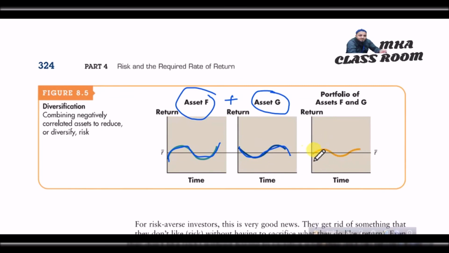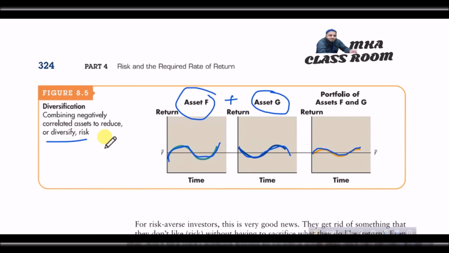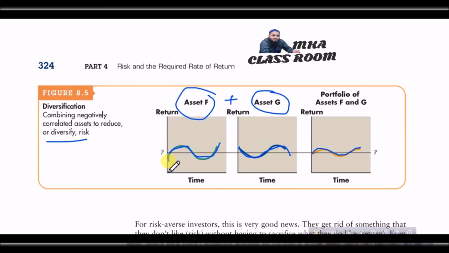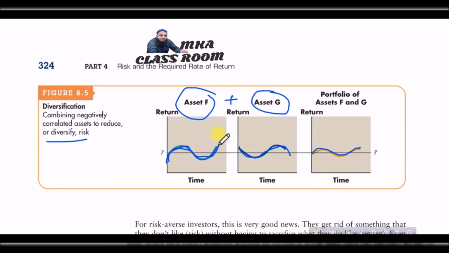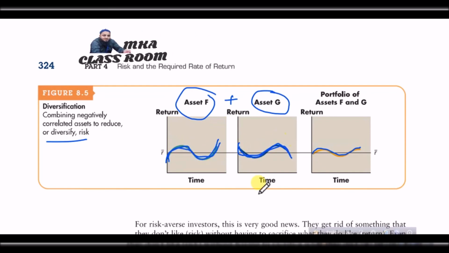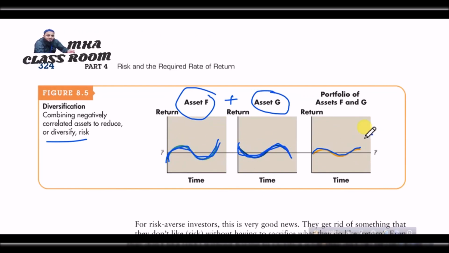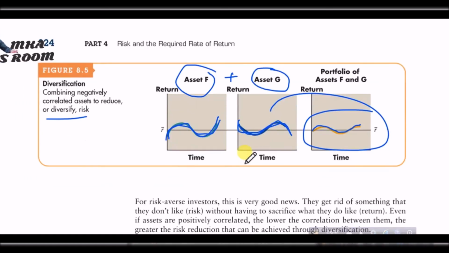That means the returns are more accurate, nearer to our average value. So combining negatively correlated assets reduces or diversifies risks. These two assets are negatively correlated. Here it starts in this way, or here it starts in this way. Now if we combine these two assets, the risks are reduced.